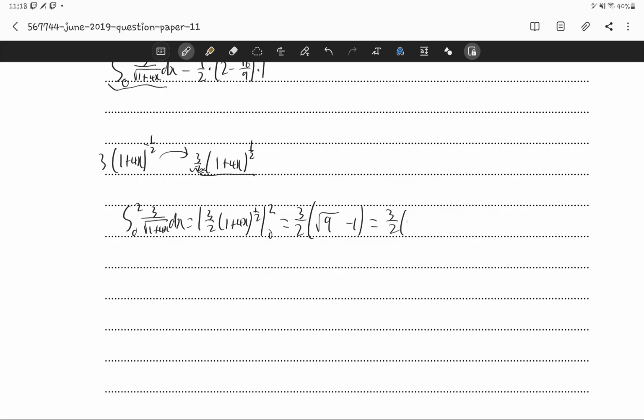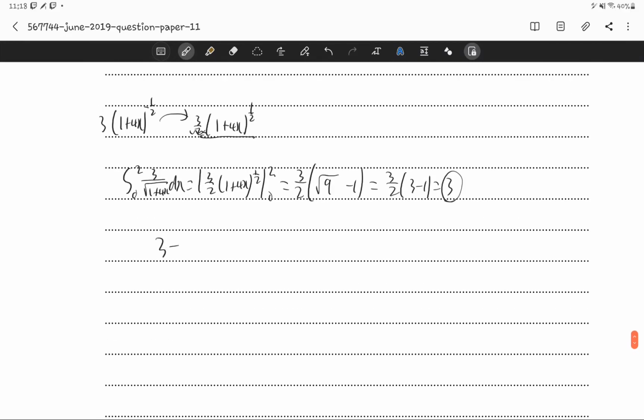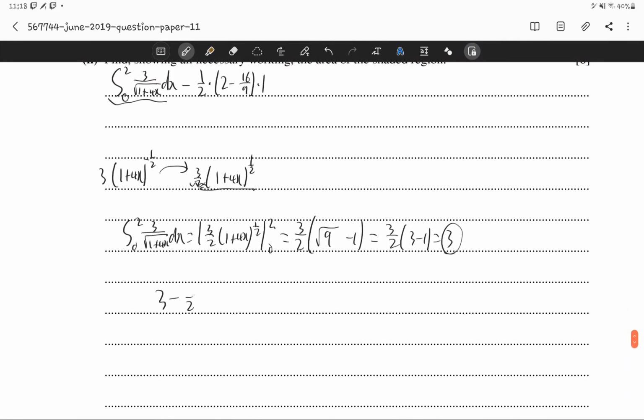This is 3 over 2 times 3 minus 1, that's 3. And so 3 minus a half times this equals 9, 27 minus 1.